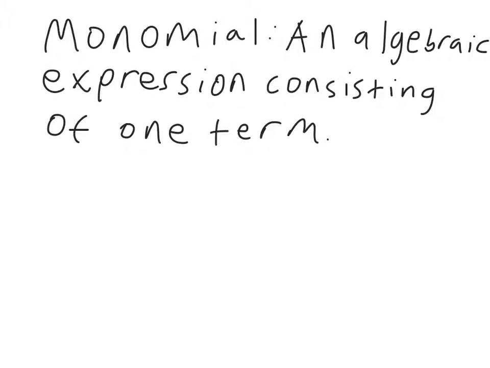Here are some examples of monomials. It can be just a number, like 7. It can be just a variable, like x. It can be a combination of them, 2y.